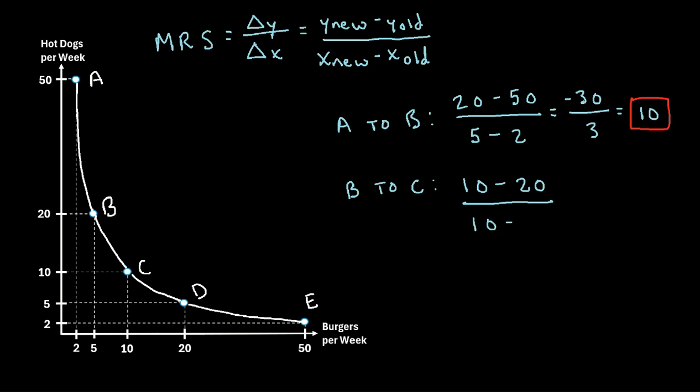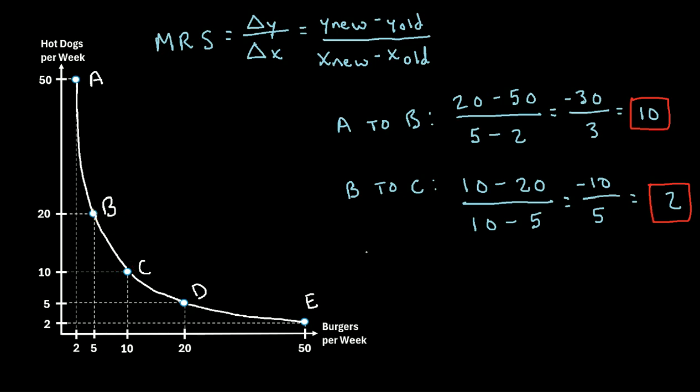So we have 10 minus the old x value. From point B, that old x value was 5. So we'll say minus 5. So we get 10 minus 20, that's negative 10, divided by 10 minus 5, that's 5. Negative 10 divided by 5 is negative 2, but we said we'll take the absolute value of this answer, so we'll make it a positive 2. So the marginal rate of substitution going from point B to point C on this indifference curve is 2. So at this point on the indifference curve, we're willing to give up 2 hot dogs to gain 1 additional burger.